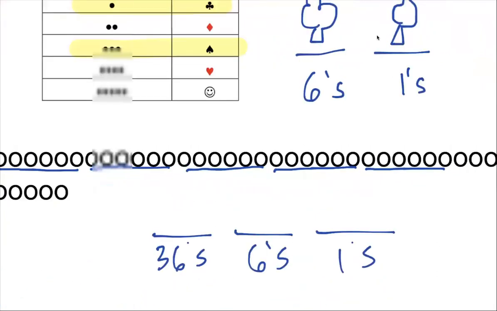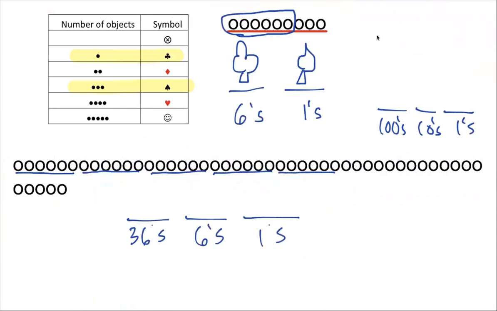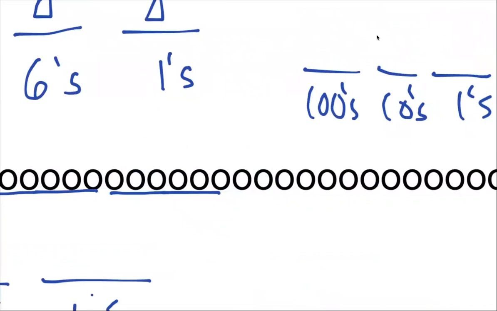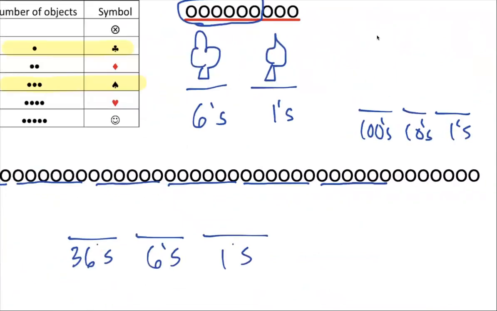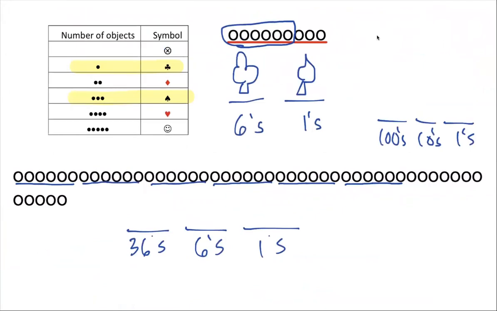Okay, where are we at? All right. So that was 5 groups of 6s. So let's do one more. 1, 2, 3, 4, 5, 6. All right, now I've gotten to 6 groups of 6s. That's 36, right? So I'm going to circle that whole thing.